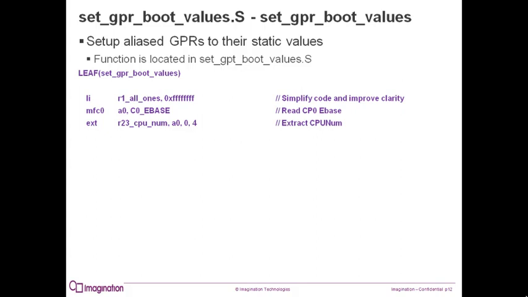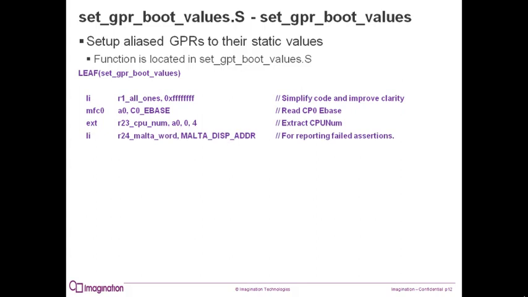The core uses the extract instruction to extract 4 bits starting at bit 0. Note, the CPU number being extracted is set using the hardware interface SI CPU num pins. For an MT core, there is a different CPU number for each VPE.